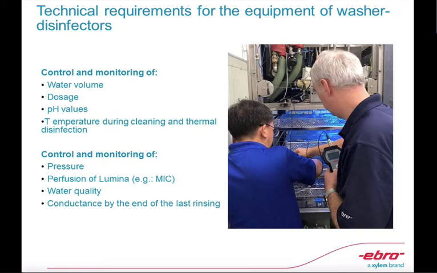You can see in the picture that Ivan used a conductivity meter with a probe, and that made us decide to open up the washer disinfector just to introduce the cable probe from outside to inside and position the sensor near the drain of the washer disinfector.